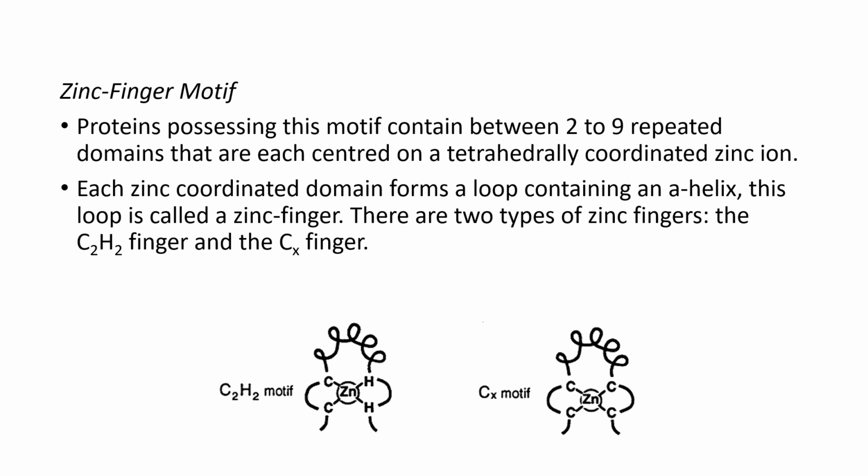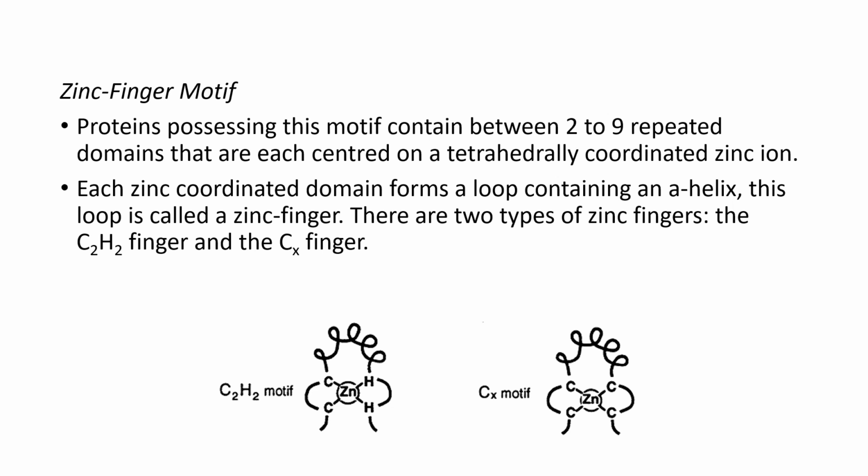Next, we have the zinc finger motif, where the proteins possessing this motif may contain between 2 to 9 repeated domains that are centered on a tetrahedrally coordinated zinc ion.